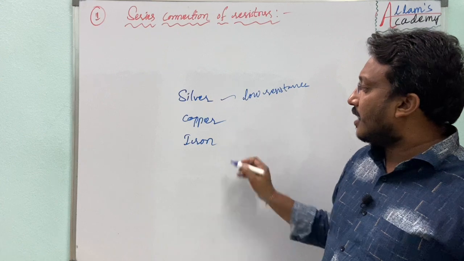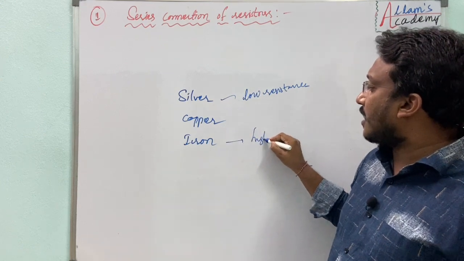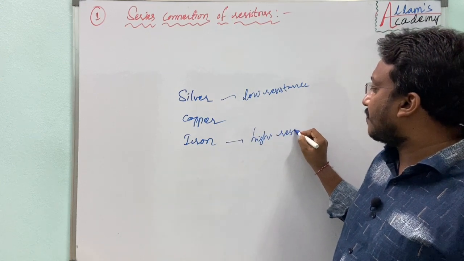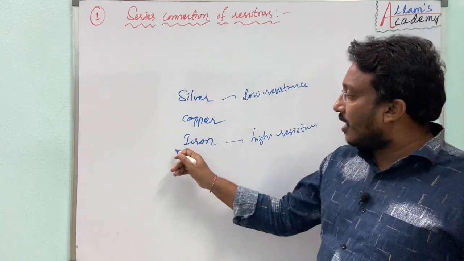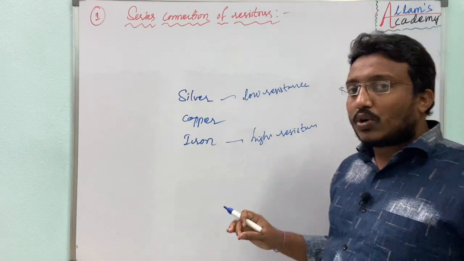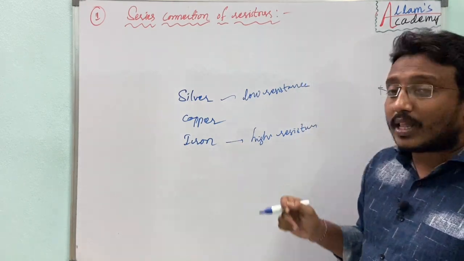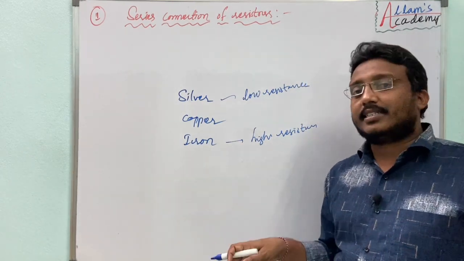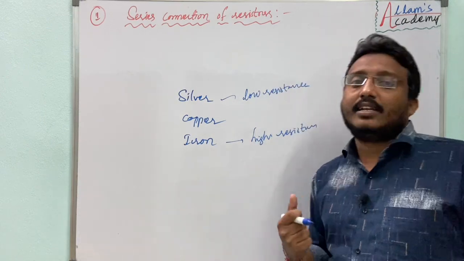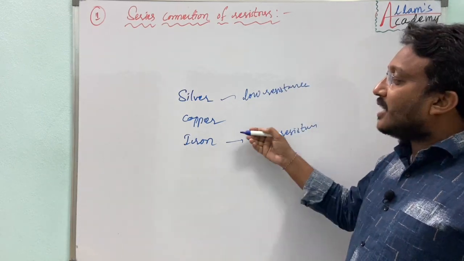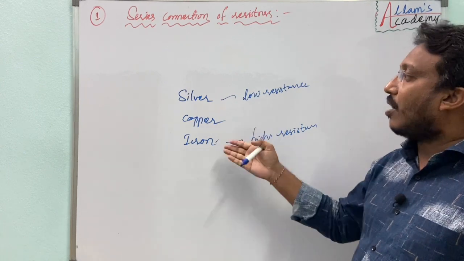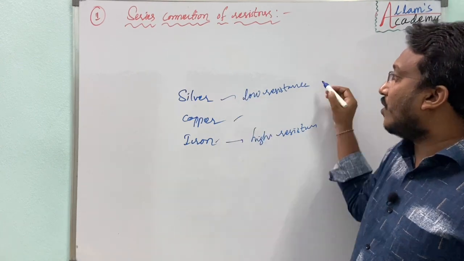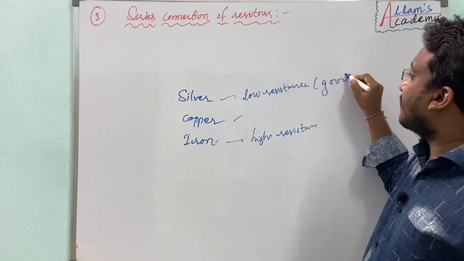Out of these three, iron has high resistance. That means, sir, the free charges do not travel through the iron? No, the charges can travel, but the opposing nature is a little bit greater than copper or silver. So here this is a good conductor.